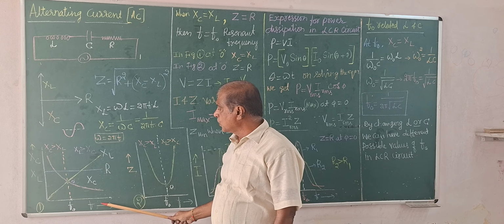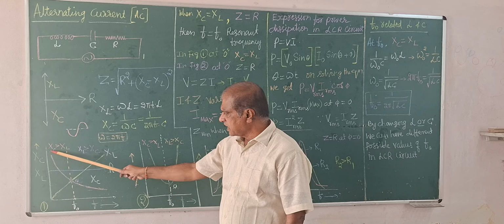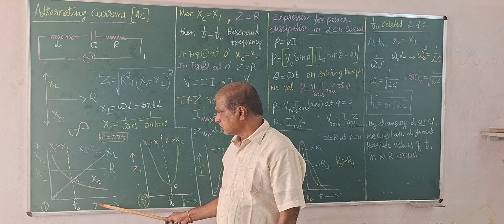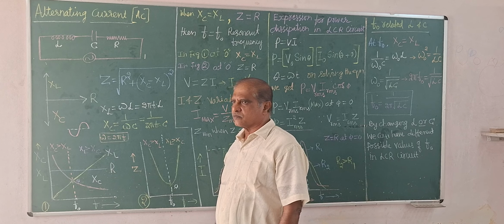How are they related? We can clearly understand this only when we draw the graph between X and f. This is an experimental graph.